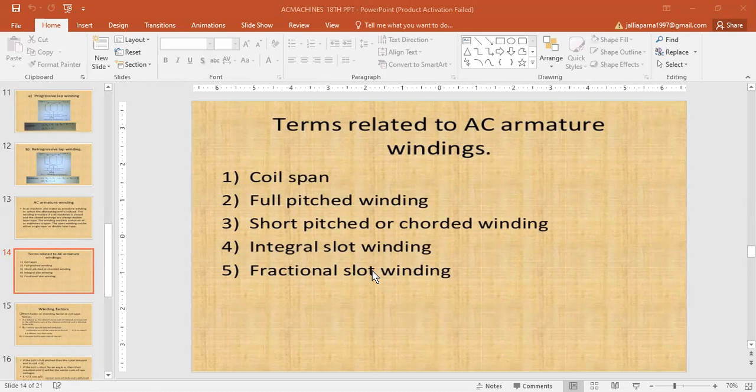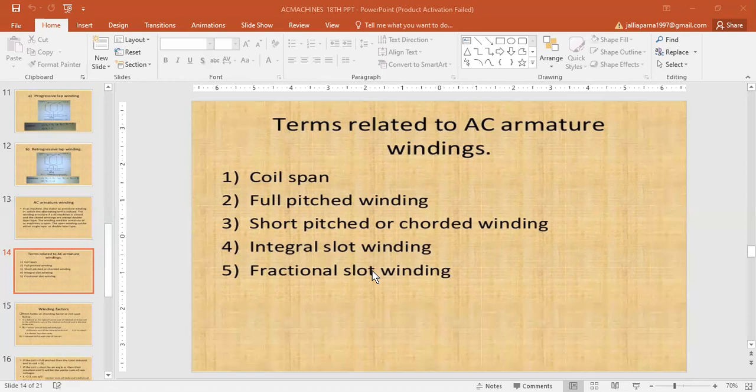Pole pitch and pole span. The angular distance between the centers of two adjacent poles on a machine armature is known as pole pitch. One pole pitch is equal to 180 degrees electrical, equal to slots per pole.